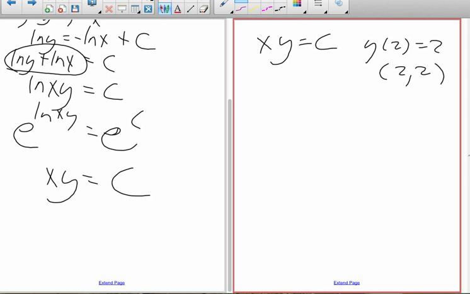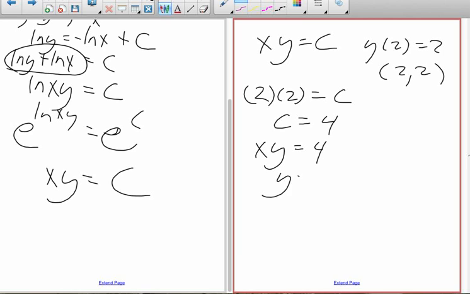So we just plug in. So my x is 2, my y is 2, equals c, so c equals 4. So now what I'm going to have is x times y equals 4, and if I solve for y, it's going to be 4 over x. And there is our particular solution to this guy. And you notice that it's irrational.